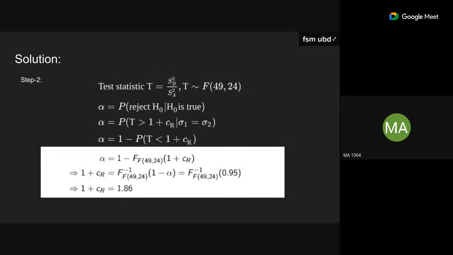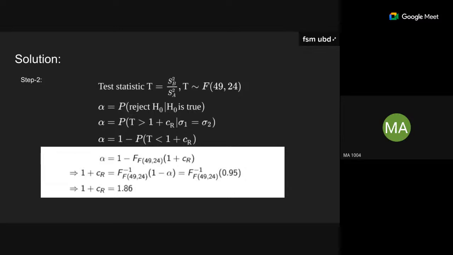So now the test statistic is equal to S square B by S square A. Now alpha is the probability of rejecting H0 given H0 is true. So alpha is equal to the probability that T is greater than 1 plus CR, given that sigma 1 is equal to sigma 2.